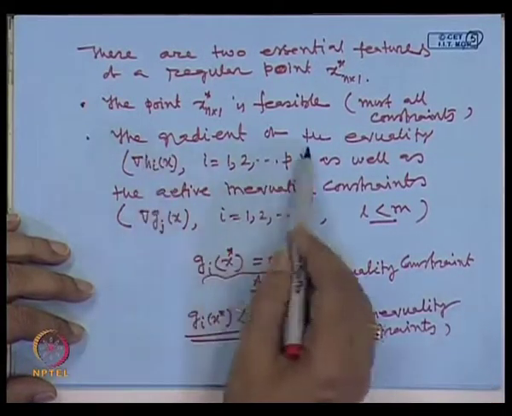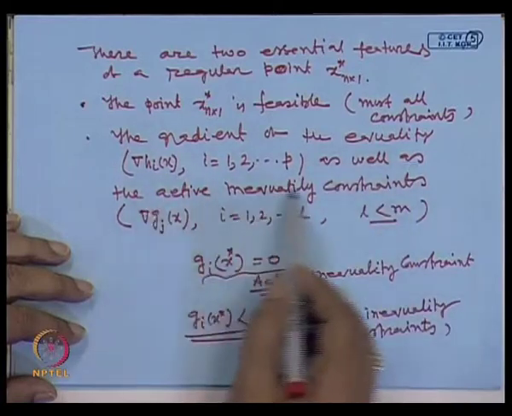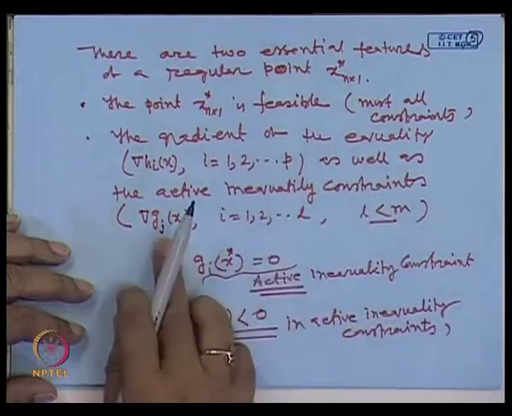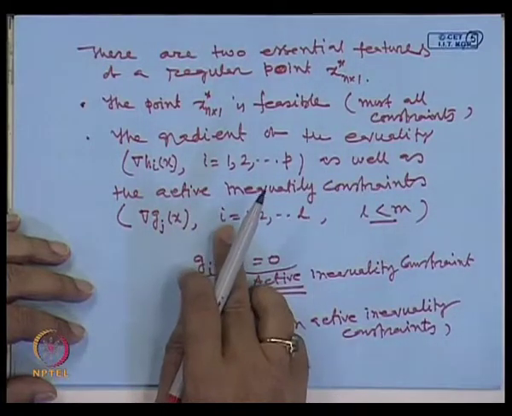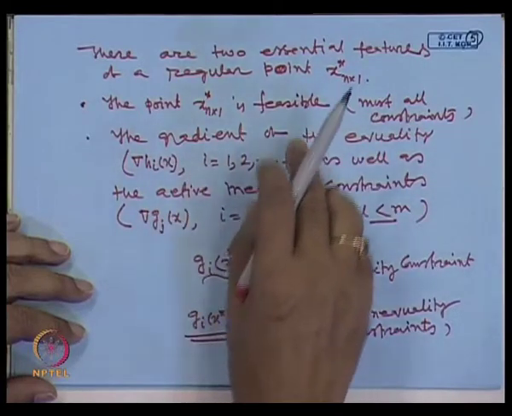So, we have the gradients of the equality as well as the active inequality constraints. The active inequality constraints come for i = 1 to l, and the equality constraints for i = 1 to p.